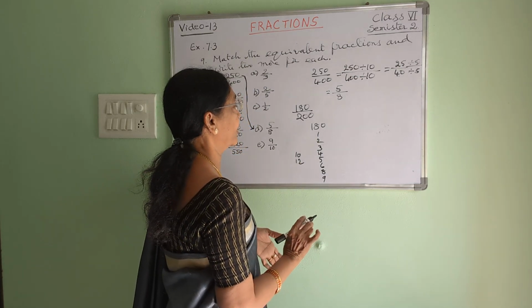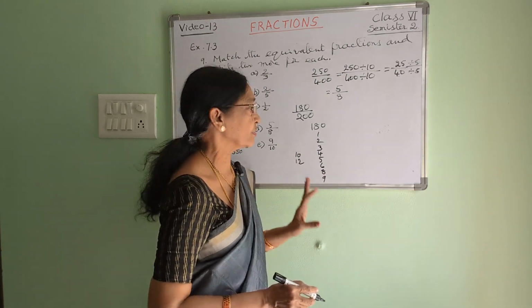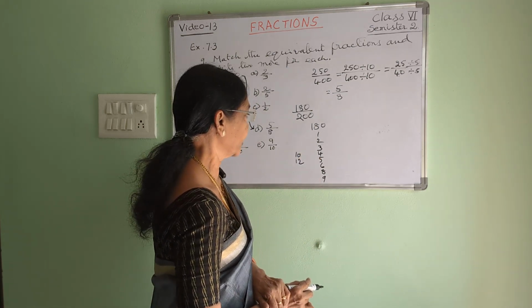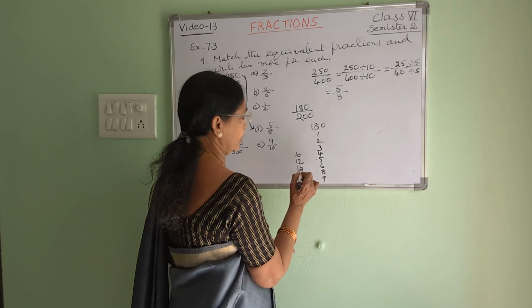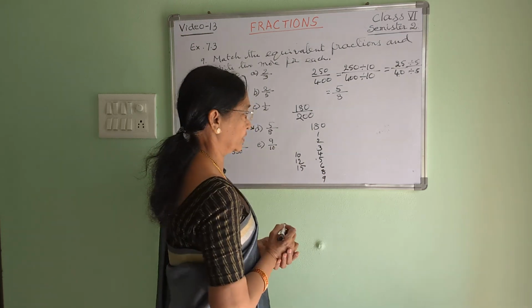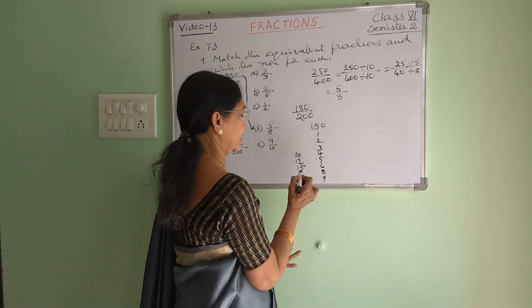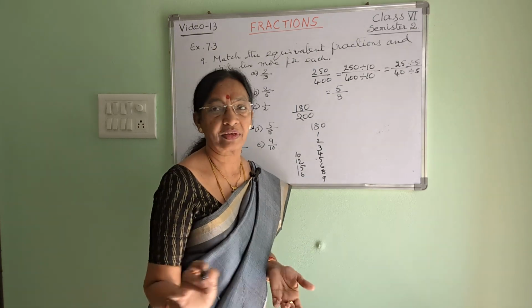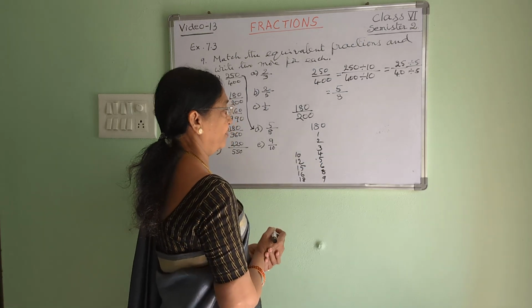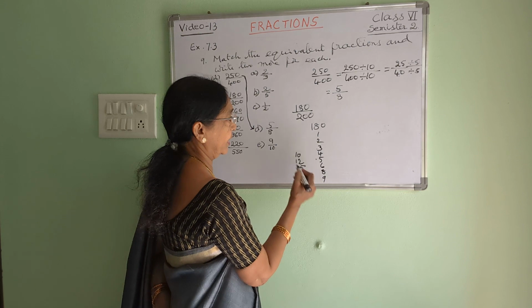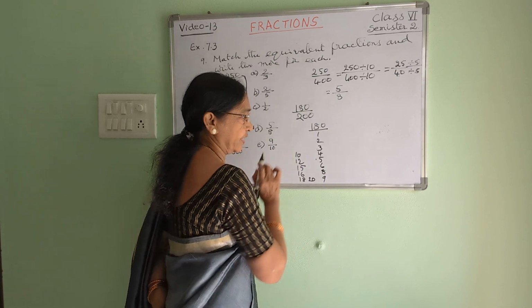No, 13 is not a factor. 14 is not a factor, because 7 is not a factor. 15 is a factor, because 3 and 5 are factors. 16 is also a factor because 8 and 2 are factors. 17 is not a factor. 18 is a factor because 9 and 2 are factors. 19 is not a factor. 20 is a factor. So these are all factors of 180.